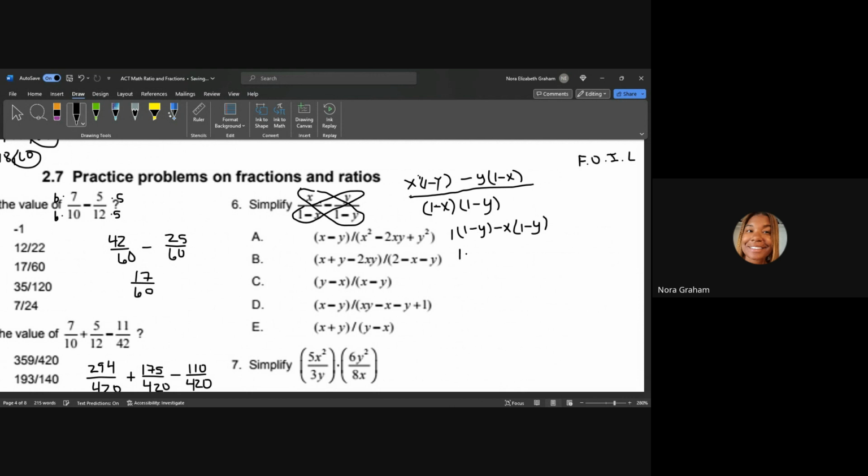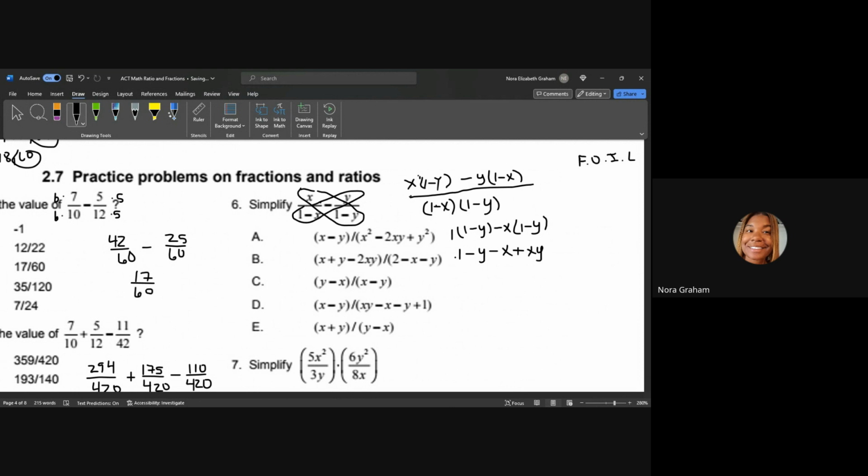So then I distribute this through. 1 times 1 is 1. 1 times y is y, minus x, and then plus xy. That's my new denominator. Now, again, test taking strategies.